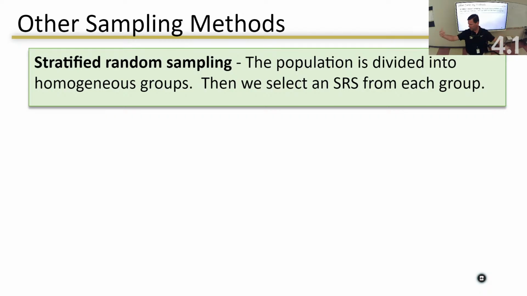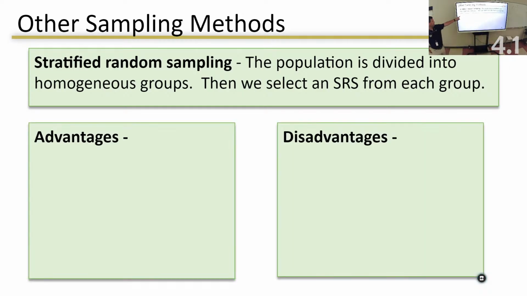It also takes more time and more money to stratify, because now you got to number this group and you got to number this group. You got to randomly select from here and you got to randomly select here. And heck, if you got 4 groups, you're really taking a long time. Normally it does produce more precise results, but there are situations. So that's stratified.